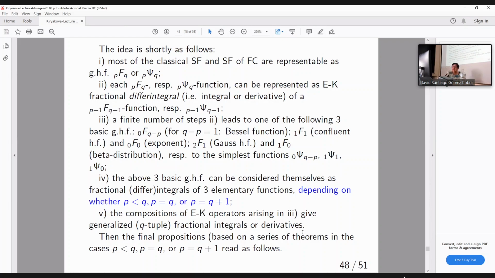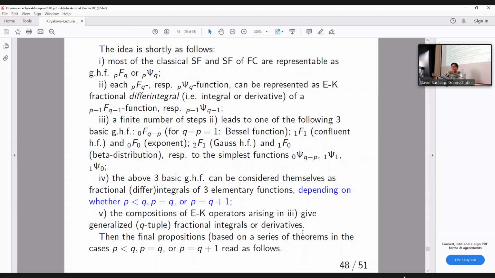We apply a finite number of steps, and we always reach some generalized hypergeometric functions with the lowest possible p and q. For example, the function 1F1, which is the confluent hypergeometric function, or even 0F0, which is the exponent. The Gauss function 2F1, or even the simple elementary function 1F0, the beta distribution function.